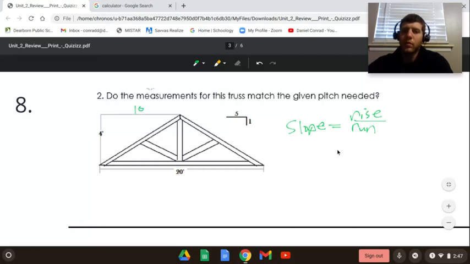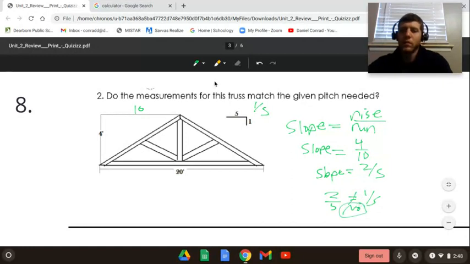So we went up 4, and then we ran 10. So our slope here was 2/5, not 1/5. So 2/5 is not 1/5, so no, they don't match up. The slope of our roof is 2/5, not 1/5.